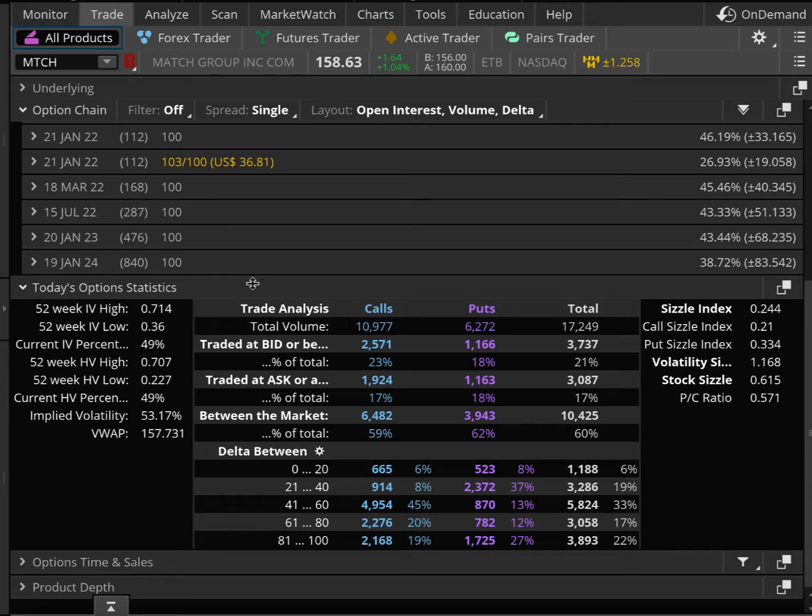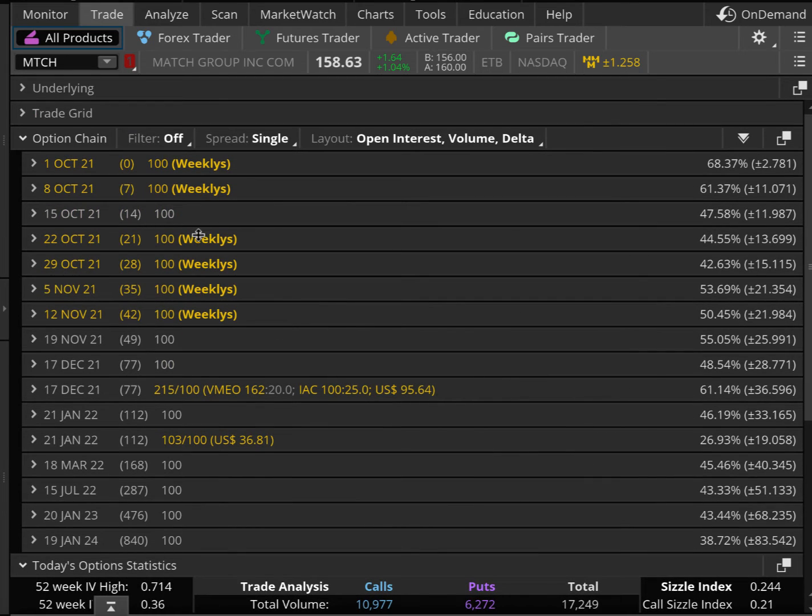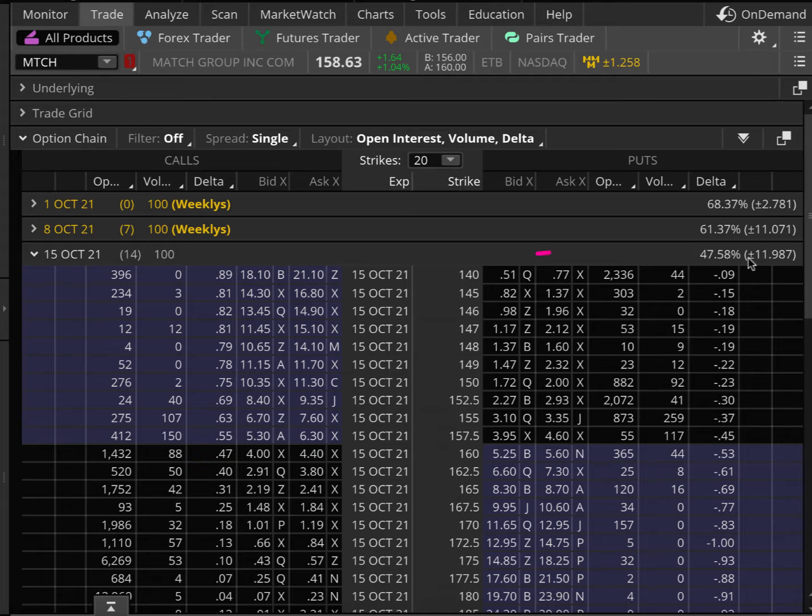Now if we go back to the options chain, we're going to go here to the monthly. This number here is the implied volatility that is priced into these options.